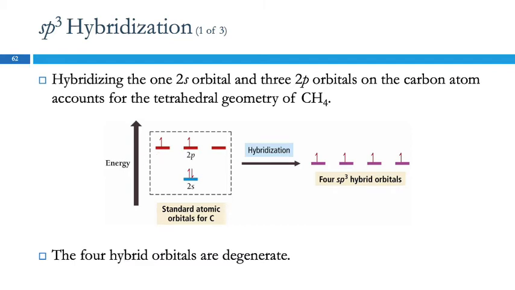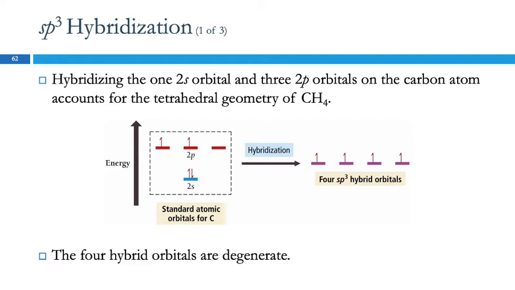And so if we think back to the hotel, the 2s and 2p are on the same floor of the hotel, but the p room costs more money to stay in, right? So the electrons are going to go to the cheap room first before they go into the more expensive room. What we're going to do here with hybridization is kind of like remodeling the hotel.